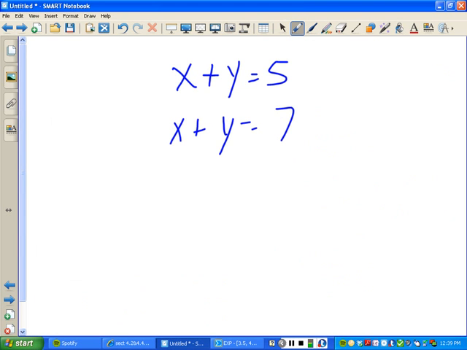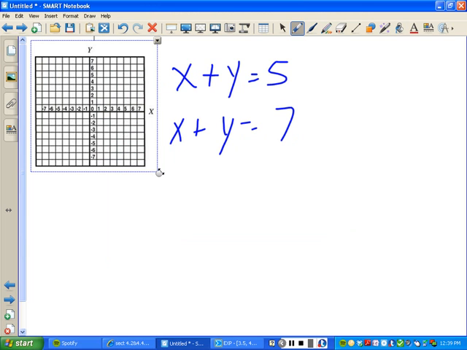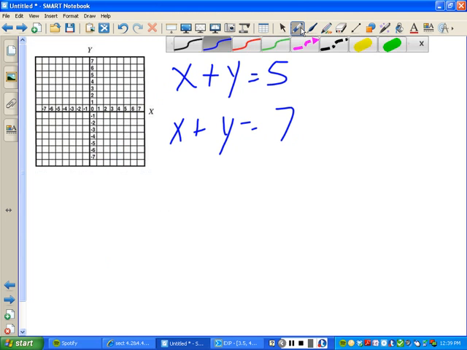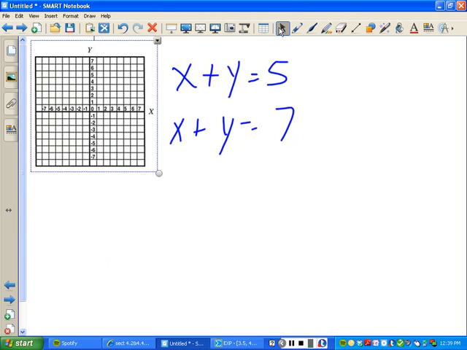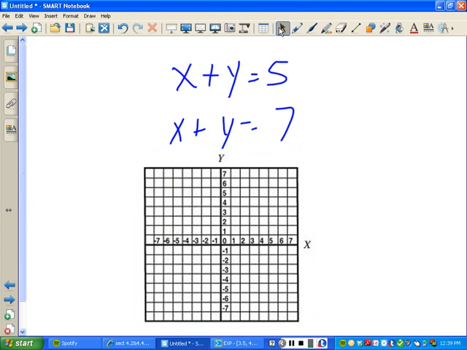Right? Well, if I have a problem like that, I fall for that every single time. Okay. If I have a problem like this, well, then what happens is the x-intercept is 5, the y-intercept is 5.